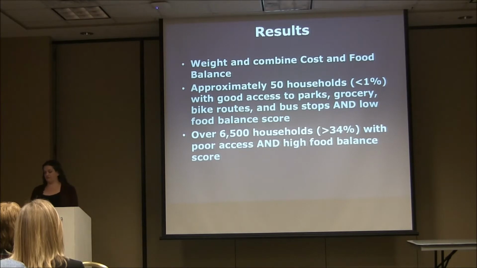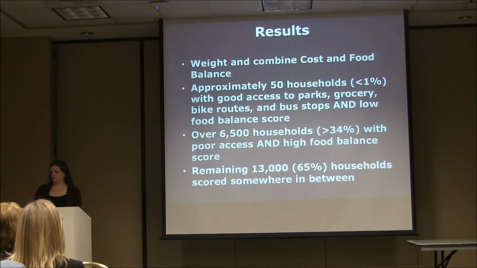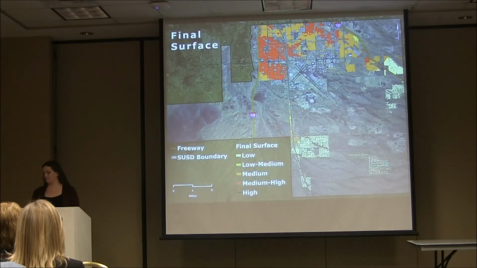Greater than 34% of those residents had poor access and high saturation. And the remaining households, about 65%, scored somewhere in between.